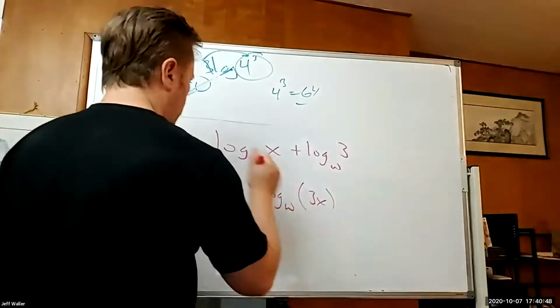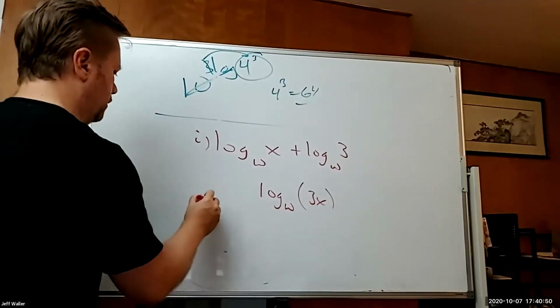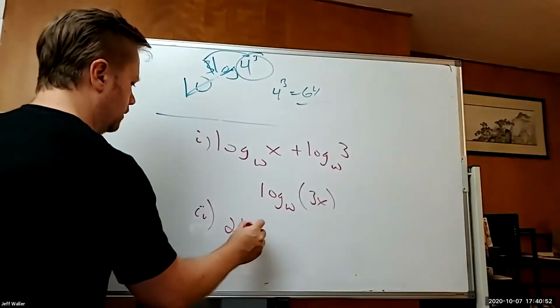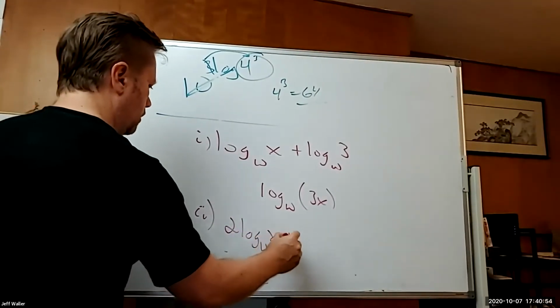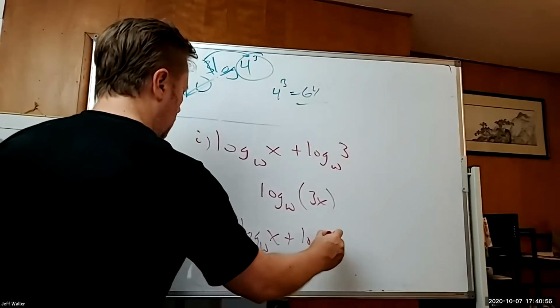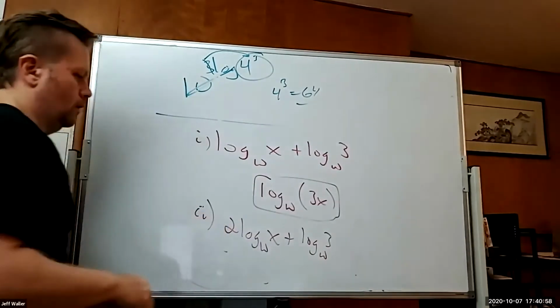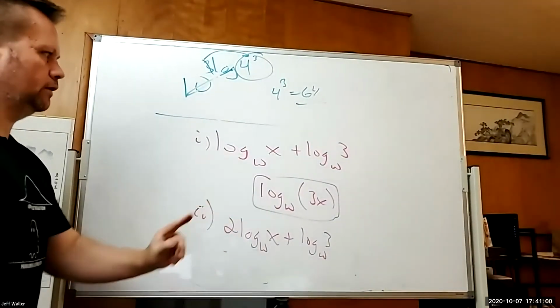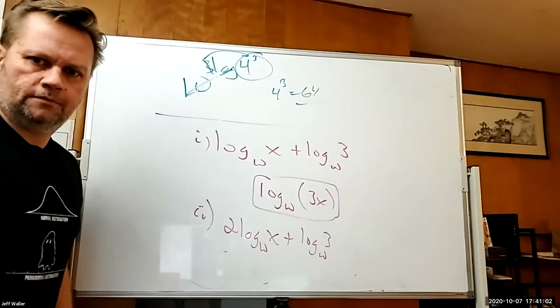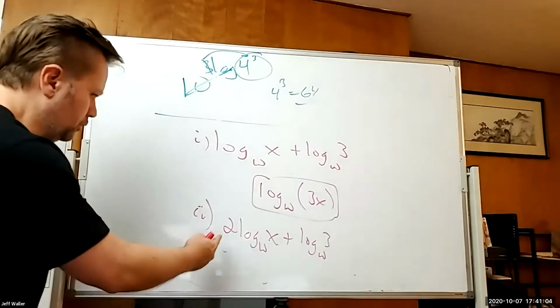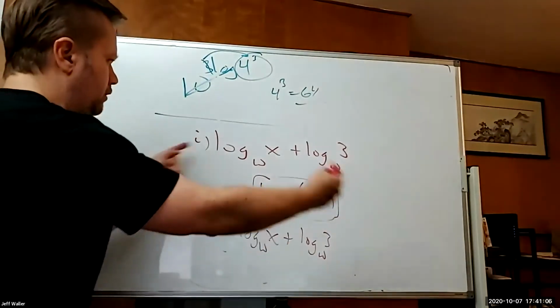Now, that was easy. Why is this one not immediately as easy? Because of the 2. I do the same thing, get it out of the way, and then I can do it.